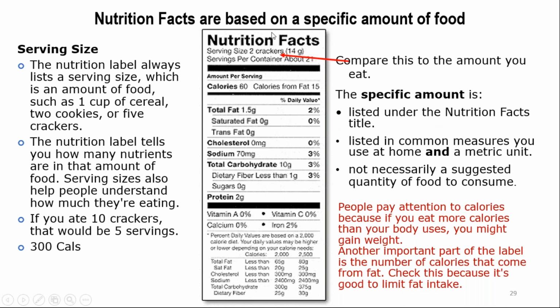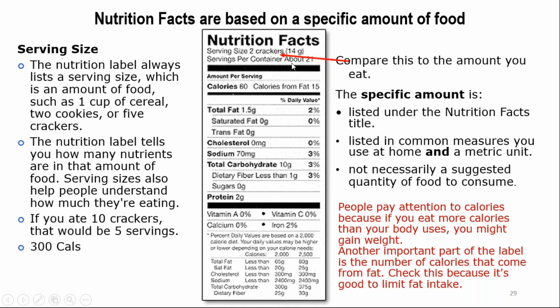Now, under the nutrition facts, the specific amount will be there, because the nutrition facts will be given in terms of per serving, or per 100 gram, or per 100 ml. So you need to see what the total calories is, that is the amount per serving.